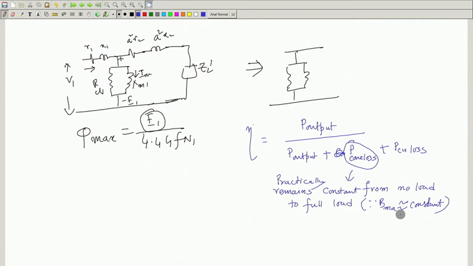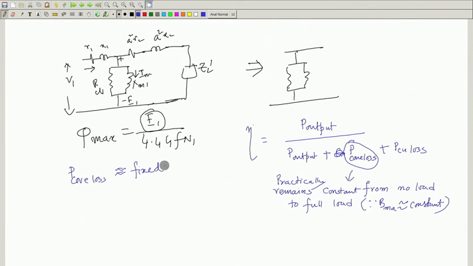So, that is why the loss has two components. One is a fixed loss. So, P core loss is fixed, almost fixed. We will not break our heads over a little change in P core loss from no load to full load, no point in doing that, because only a little change will take place.